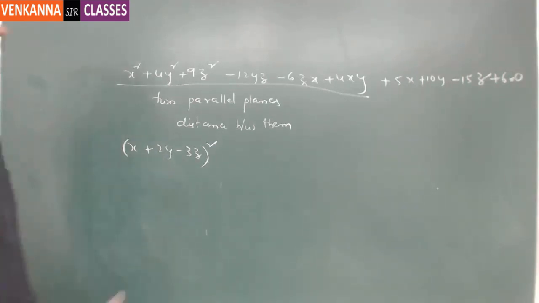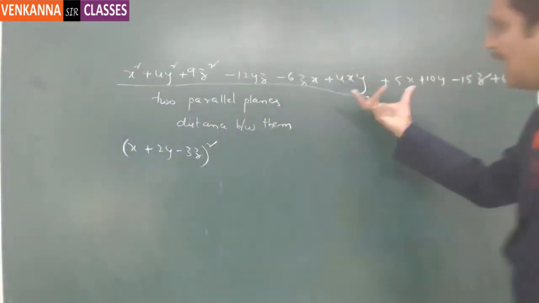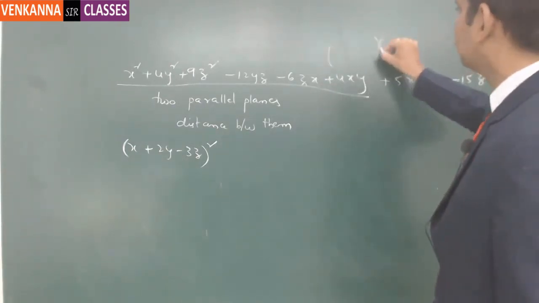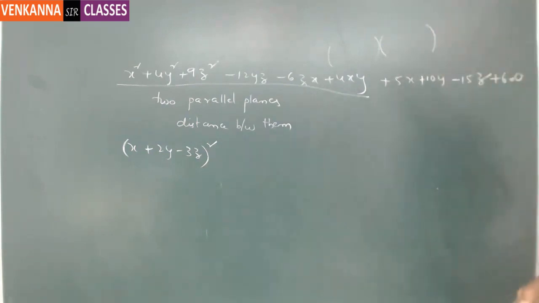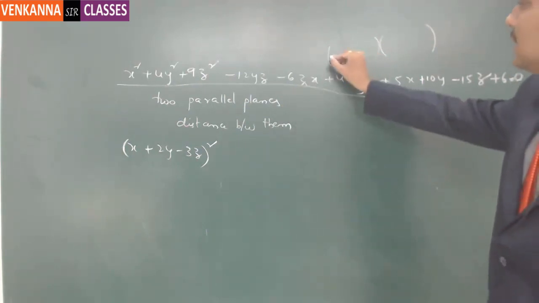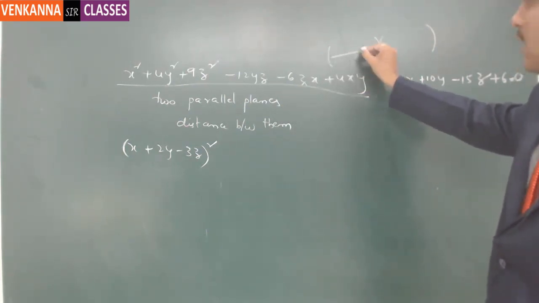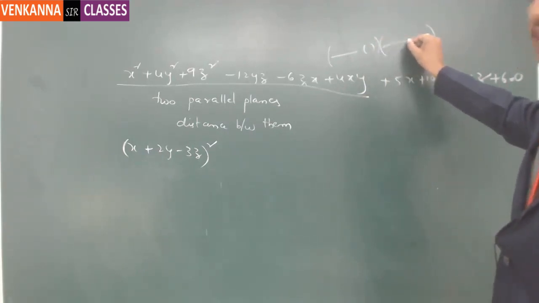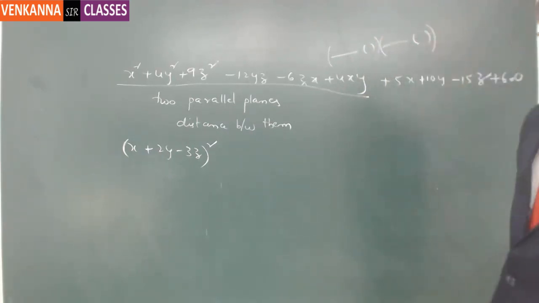Now understand that this entire thing is nothing but the product of two planes. Since it is representing parallel planes, obviously the x, y, z coefficients are the same, and you will have a constant.